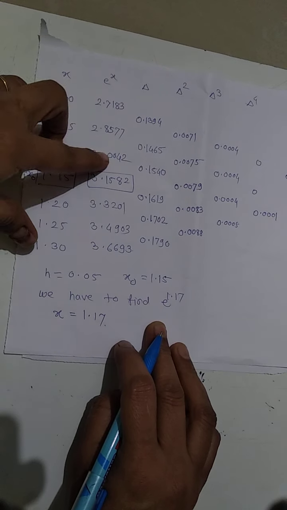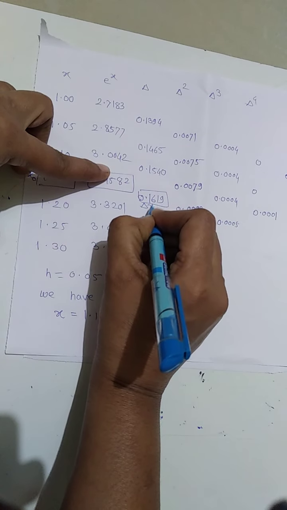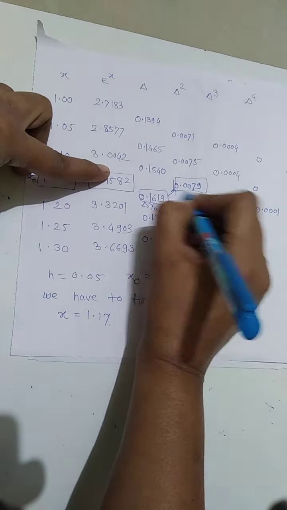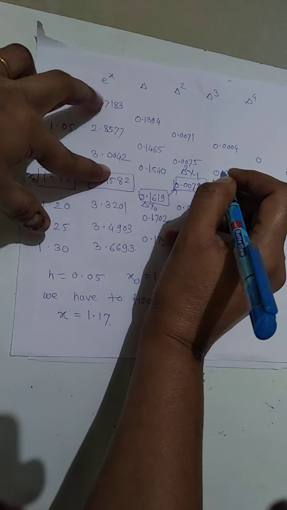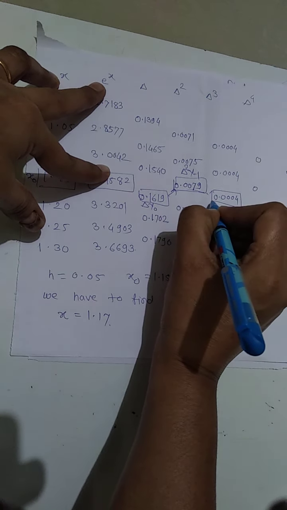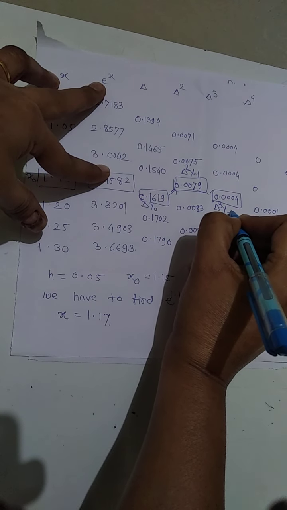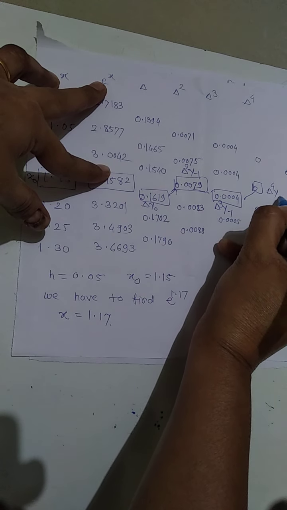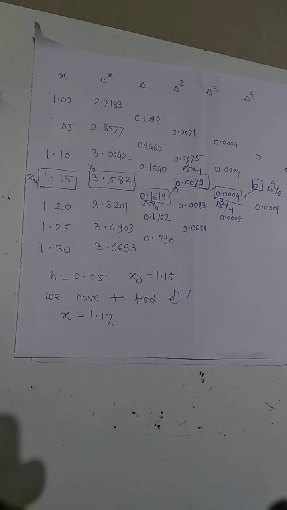This is x0, this is y0, then this value is del y0, then this value is del square y minus 1, then this value is del cube y minus 1, and again this is del raised to the power 4 y minus 2.